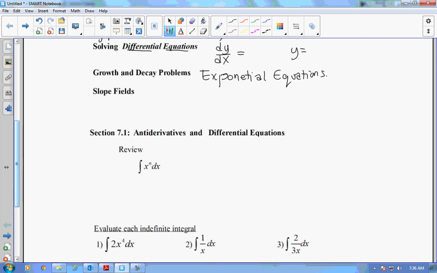It's x to the n plus 1, over n plus 1, and then in parentheses. Anything else? Plus c. This is an indefinite integral, so we have to have that plus c. That's the power rule. You increase the power, n plus 1, and then divide by that power.